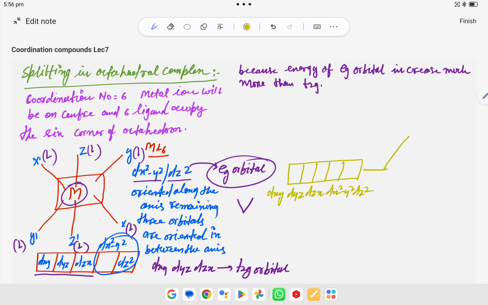One set is higher energy, that I told, Eg. One set is lower energy, that is T2g.